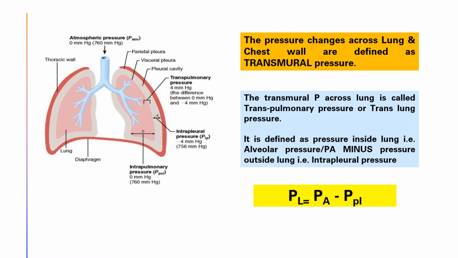As inside the lung there are alveoli, PL, the transmural pressure across the lung or transpulmonary pressure, is equal to PA, the alveolar pressure, that is the pressure inside the lung, minus PPL, the intrapleural pressure, that is the pressure outside the lung.